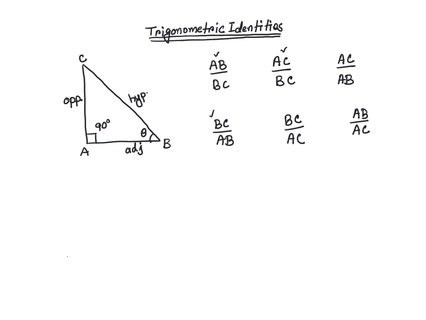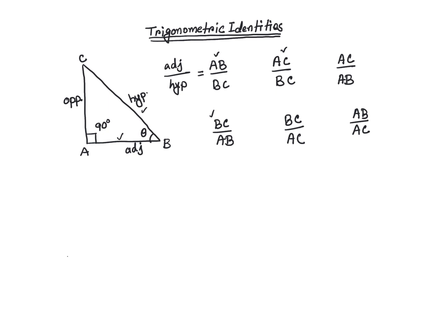Now look at this. AB over BC. AB, which is this side, over BC, which is, by the way, nothing but adjacent over hypotenuse. So adjacent over hypotenuse, and that is with respect to the angle theta. Remember that.